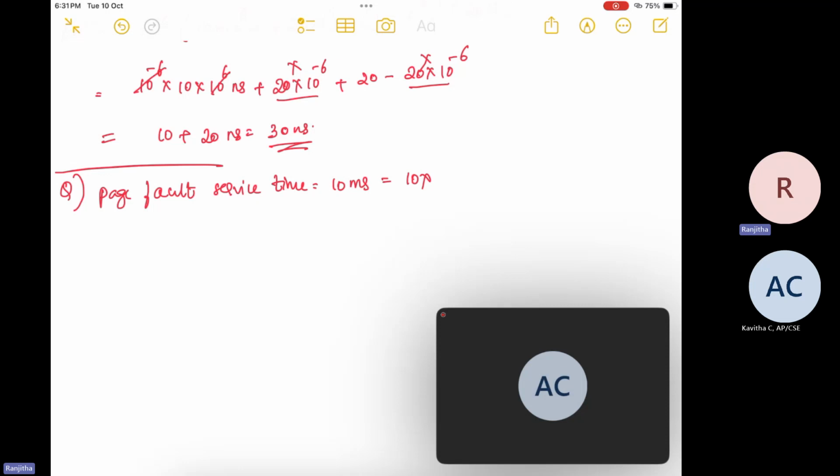So memory access time is given as 1 microsecond. Okay. So 10 millisecond is 10 into 10 power 3 microseconds. And the hit ratio is 1 minus page fault rate, which is what is given here.